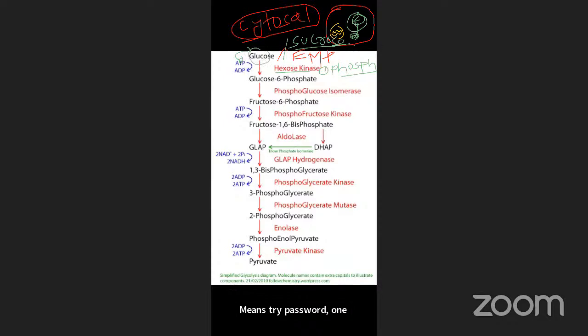So glucose, after receiving the phosphate from ATP, is converted into glucose 6-phosphate. The ATP becomes ADP, diphosphate. This reaction is carried out by hexokinase enzyme.